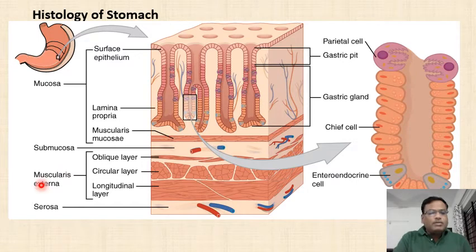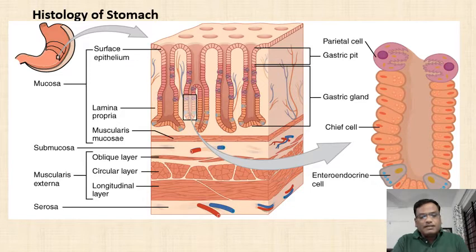Now commonly we call it muscularis, but this thick layer is called muscularis externa because there is one more muscularis layer which is found in the mucus layer, so you can consider it as muscularis mucosa or muscularis interna. Anyway, the first layer, the outermost layer, is serosa, and below that you find this muscularis layer.